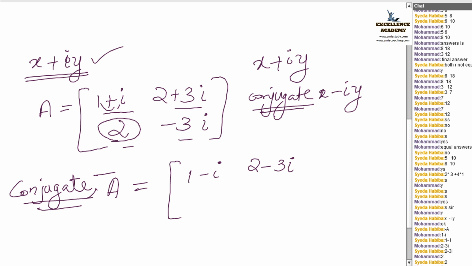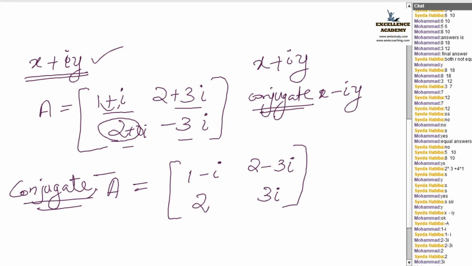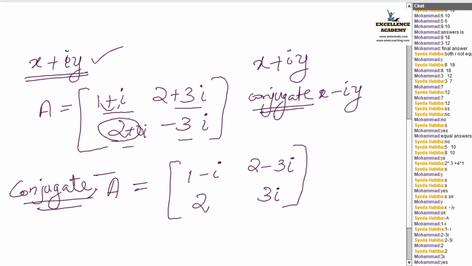But is it minus 2? Here there is 0i. Okay, therefore it is 2 itself. Yes, it will be 3i. Did you get the difference between minus A and conjugate of A? Yes, the imaginary part should be replaced by the minus sign. Okay.